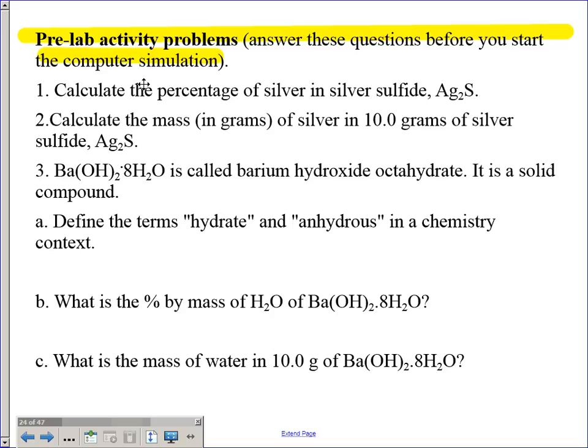So it's 107.87 times 2 on the top, over 2 times that plus sulfur, which is 32.06.